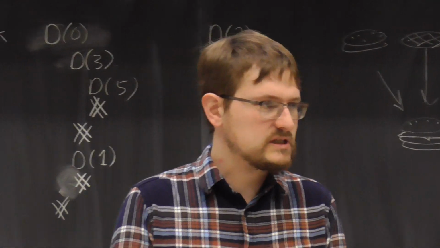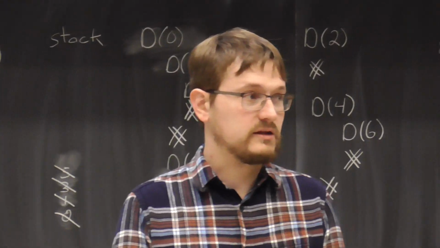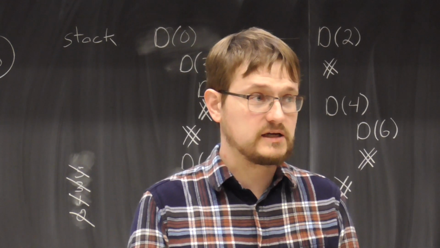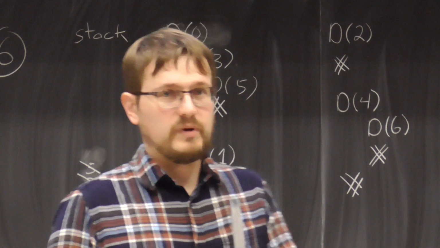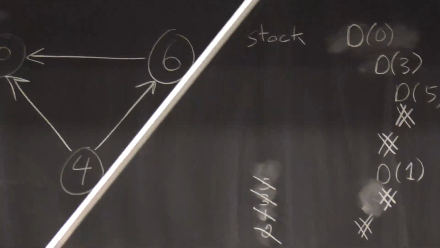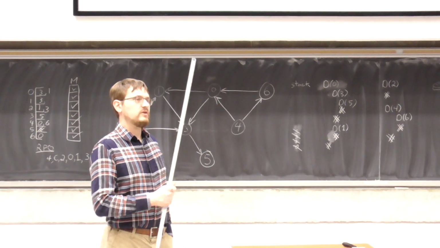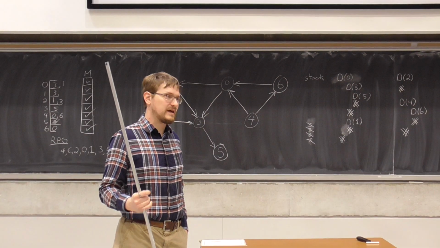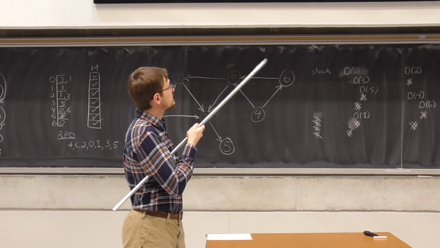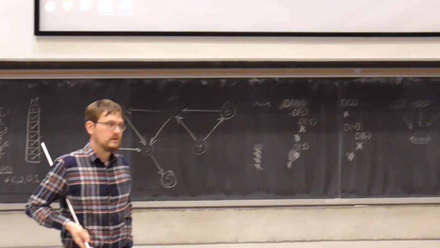Yes, so the question is, could you still run the algorithm on a graph that did contain a cycle? And yes, you could still run this algorithm on a graph that contained a cycle. But the required precondition to the algorithm is that there are no cycles.